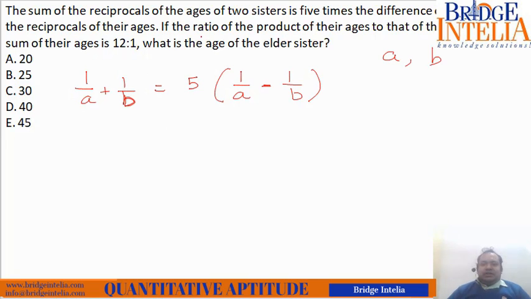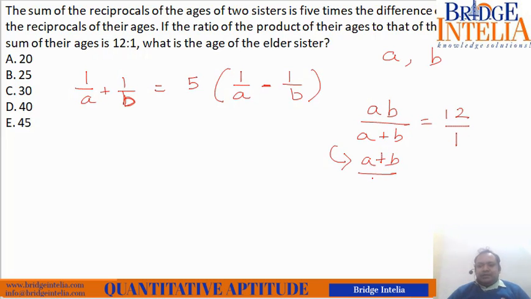If the ratio of the product of their ages to the sum, that means AB by A plus B, is given to be equal to 12 by 1, then you should take the reverse, which is 1 by 12.